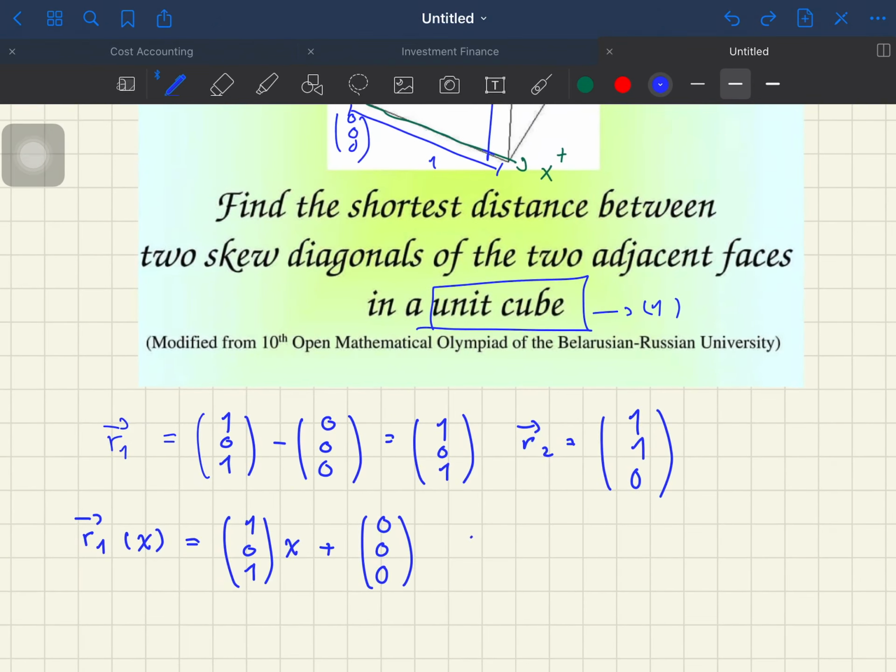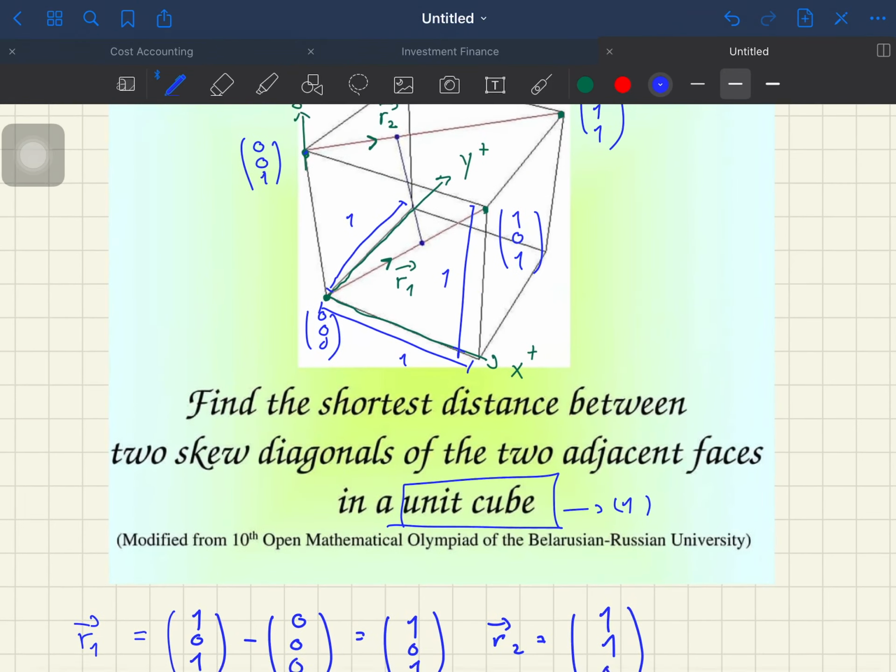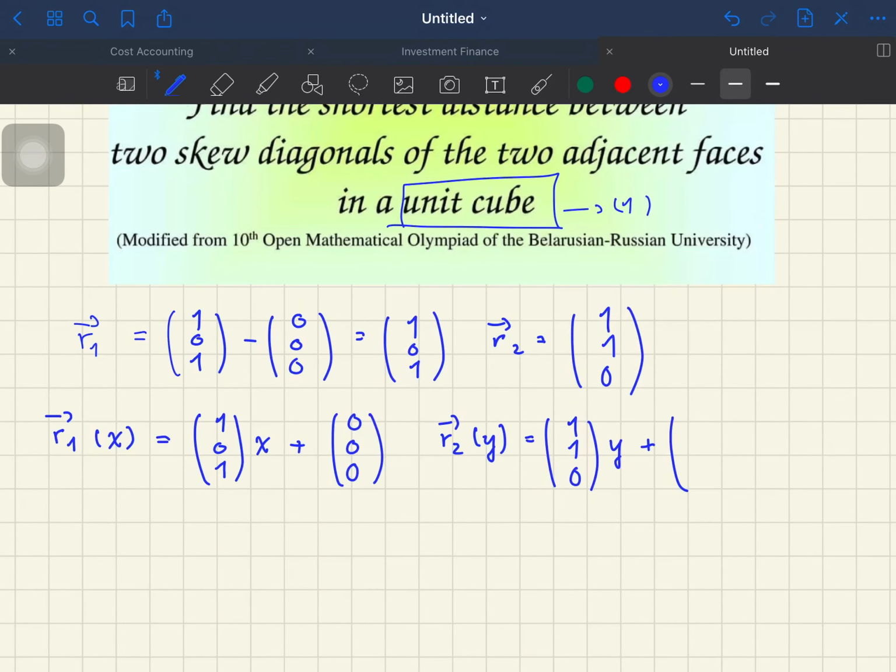For R2, we use y. The direction vector again is 1, 1, 0 times y, and then plus the starting point, which is 0, 0, 1.